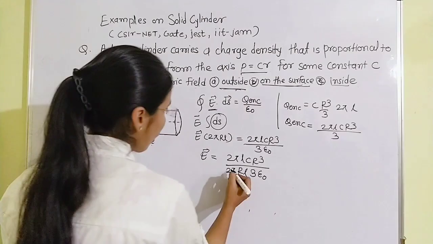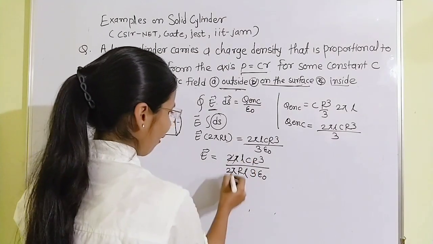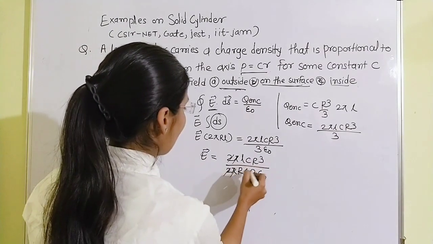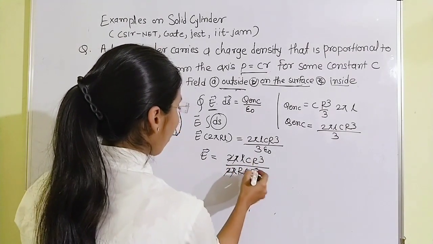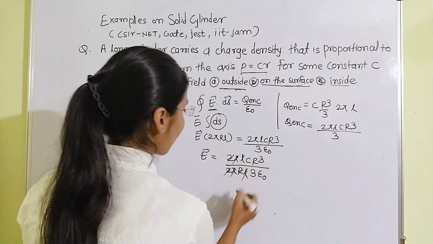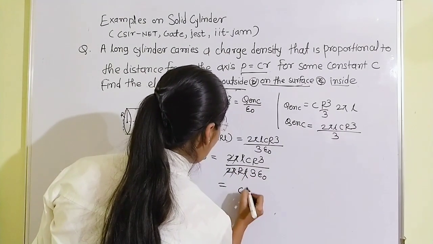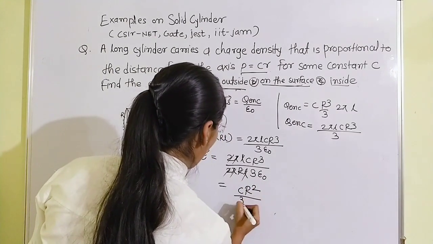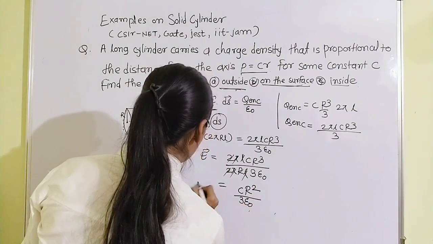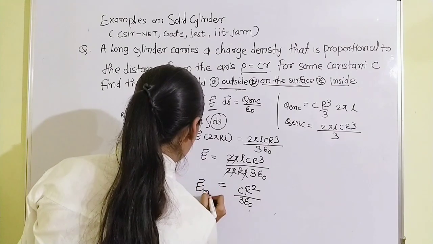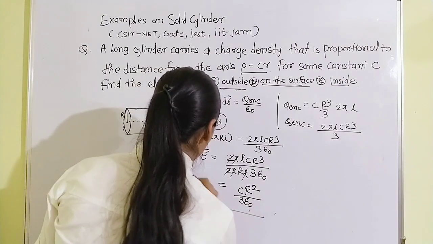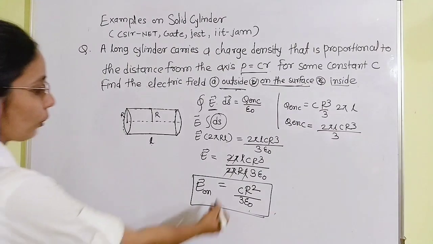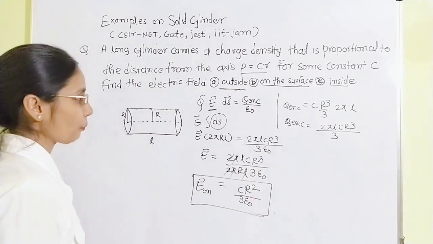This is 2 pi, this is 2 pi, this is L. So one R gets cancelled, what is remaining is C R square by 3 epsilon naught. So this is the electric field on the surface of the cylinder.